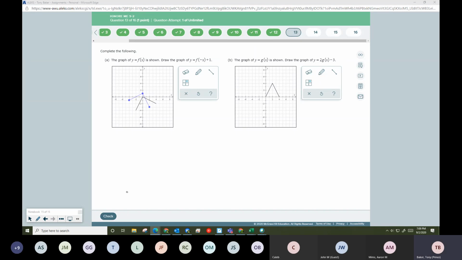All right, let's look at the next one. So this one's y equals 2 times f of x minus 3. So notice how they're both on the outside. There's nothing on the inside. So I'm making both changes to the y. So I'm going to write down my 3 points.